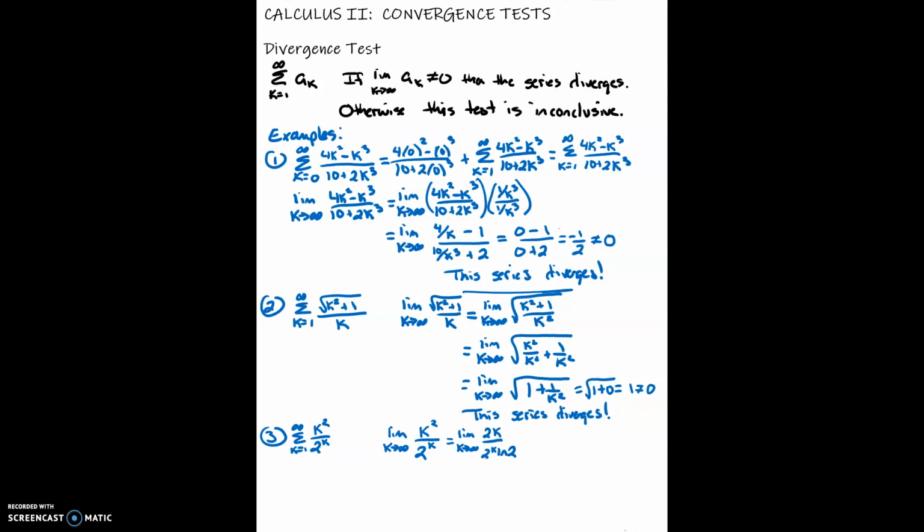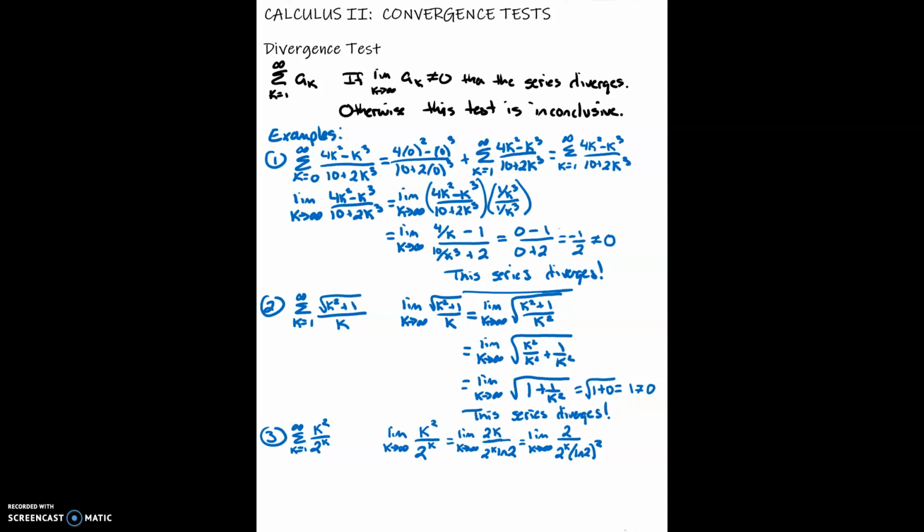All right, well, still not sure how to take this limit, so let's use L'Hopital's rule yet again. The derivative of the numerator is just 2. The derivative of the denominator now is 2 to the k times the natural log of 2 squared. Make sure you remember how to take the derivative of 2 to the k, or 2 to the k times a constant.